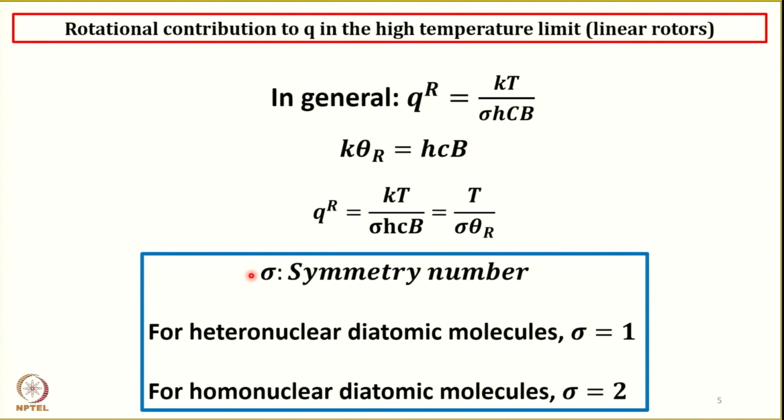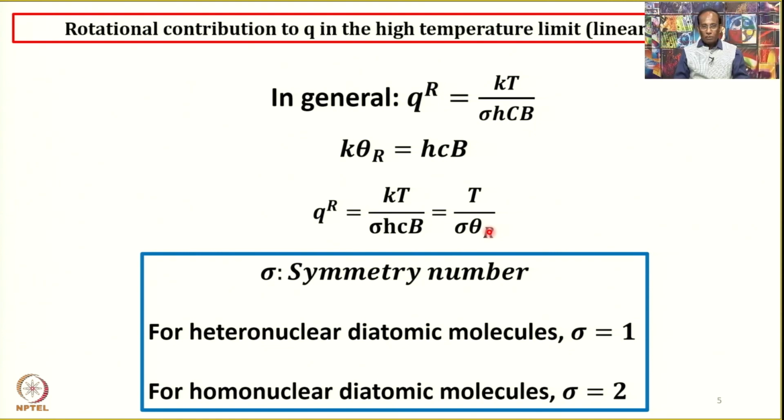So q_R = kT/σhcB, and hcB/k is equal to θ_R. So you can express the rotational partition function for a linear rotor as kT/σhcB or T/σθ_R. Don't get confused when you come across different versions of the rotational partition function. Different books may give it only in terms of B or also in terms of θ_R, so there should not be any confusion.